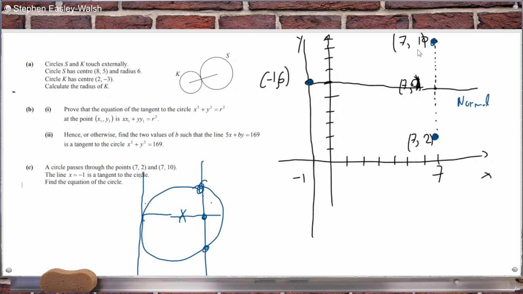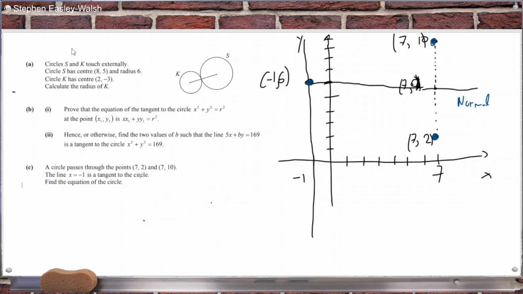I really think it's going to be this point. I really think so, but I won't know for certain until I solve it and check the answer.